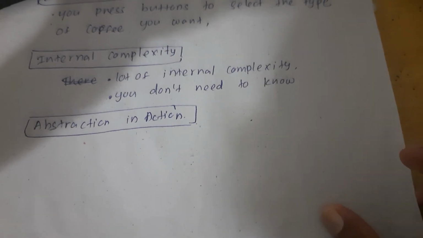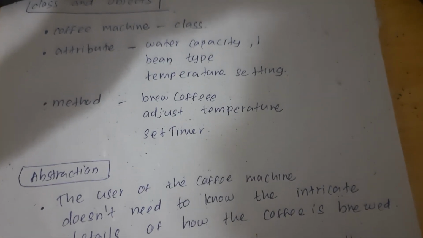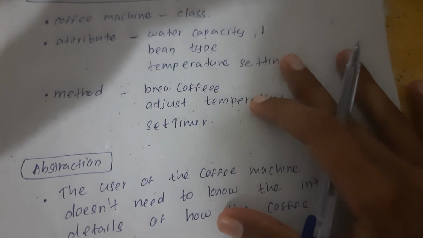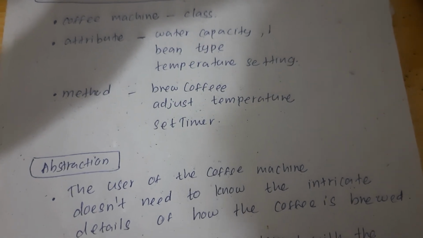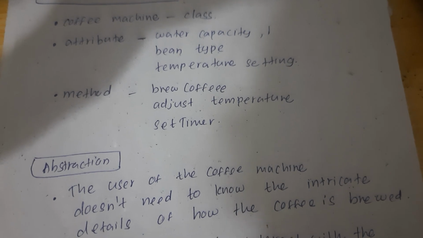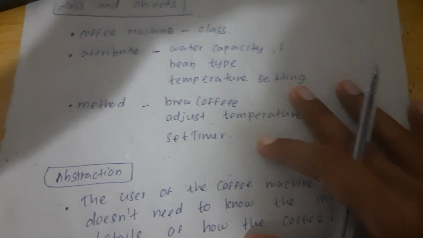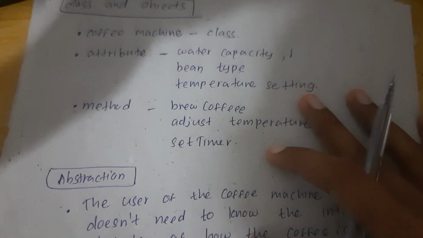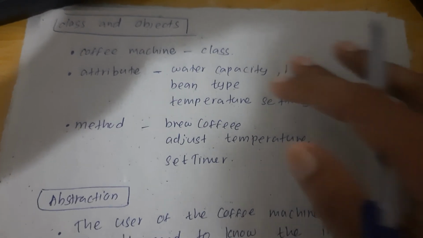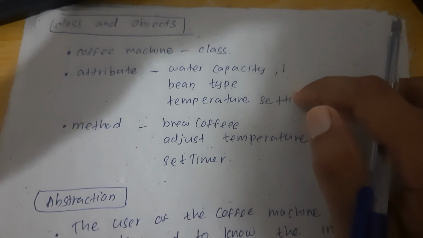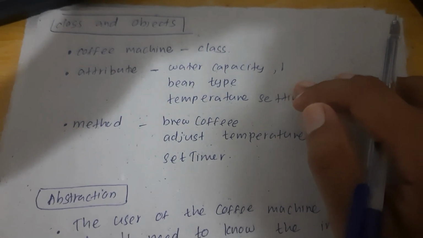Next, relating to object-oriented programming. Now let's relate this real-world example to object-oriented programming. Class and objects. In OOP, you can think of the coffee machine as a class.